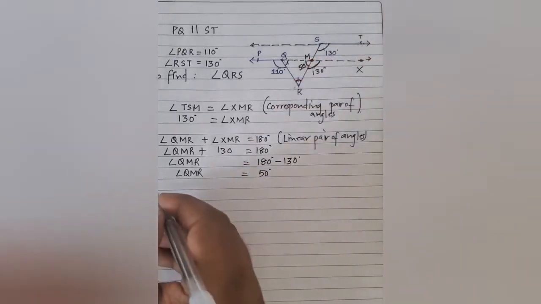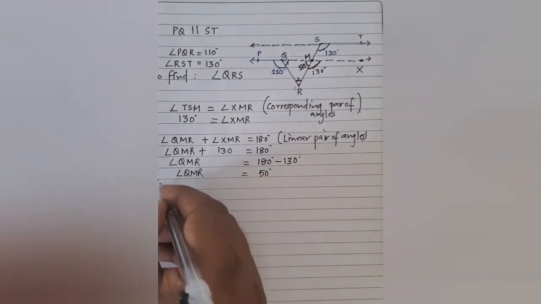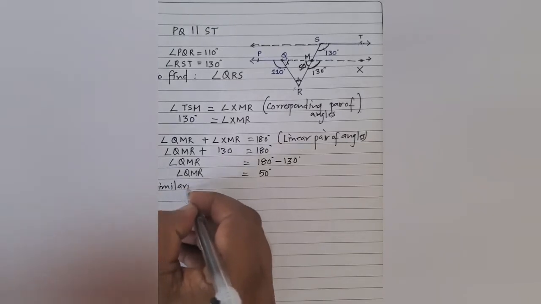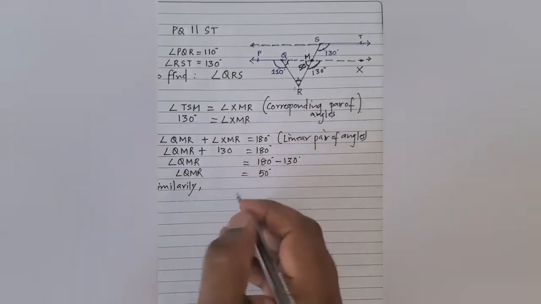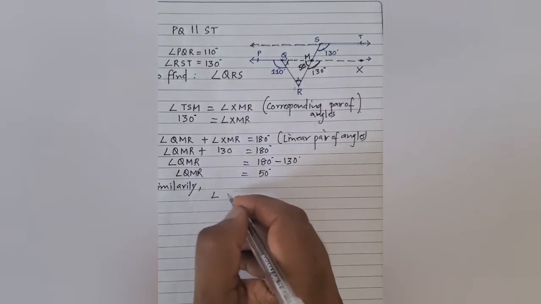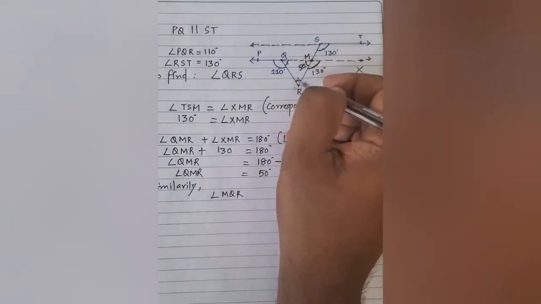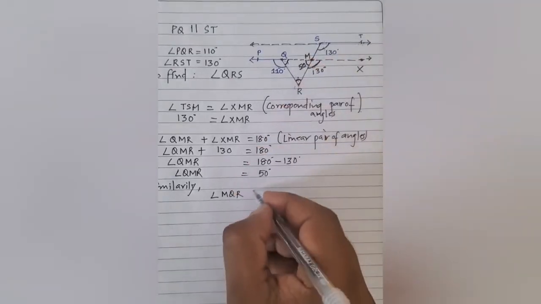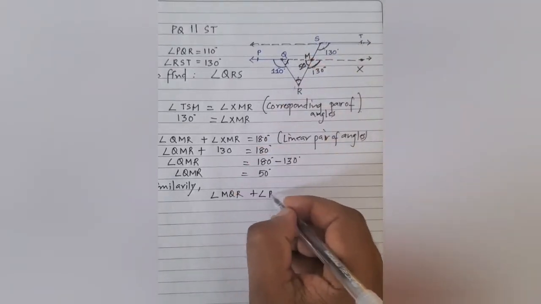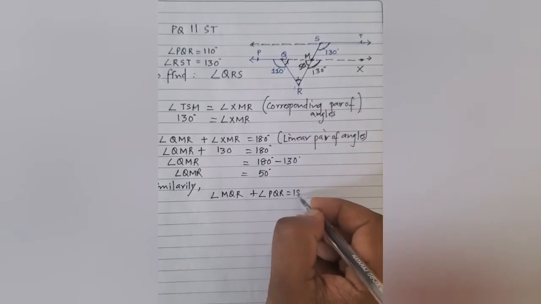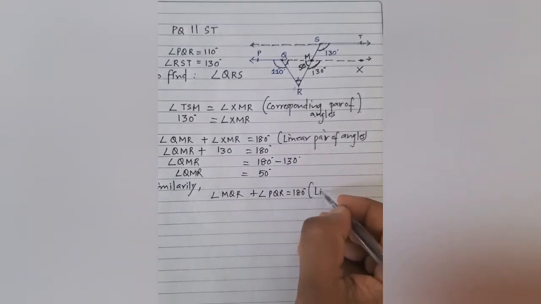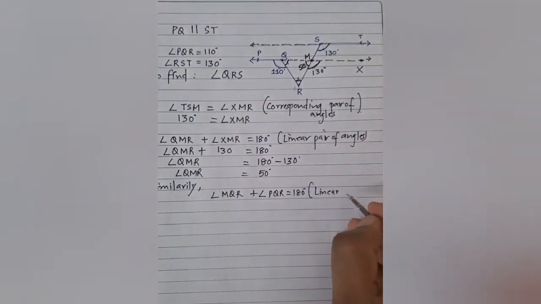Similarly, I'll write: angle MQR, that is this angle, plus angle PQR will also be 180 degrees. What's the reason? Linear pair of angles.